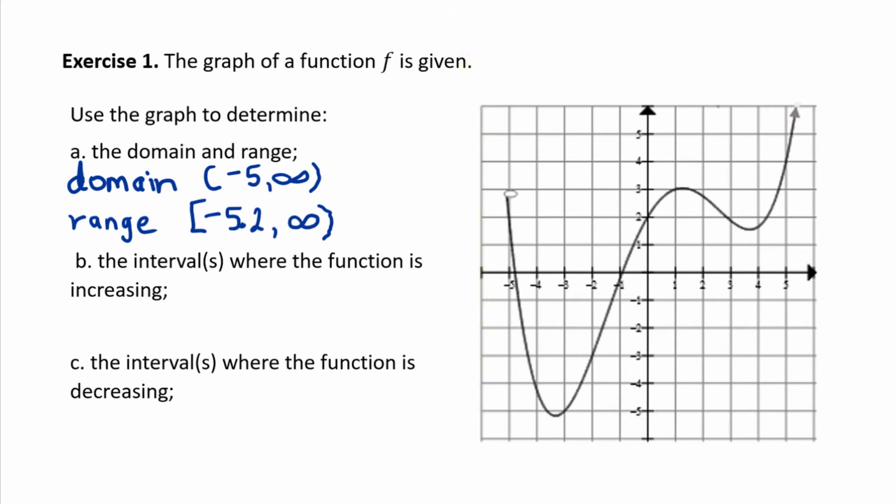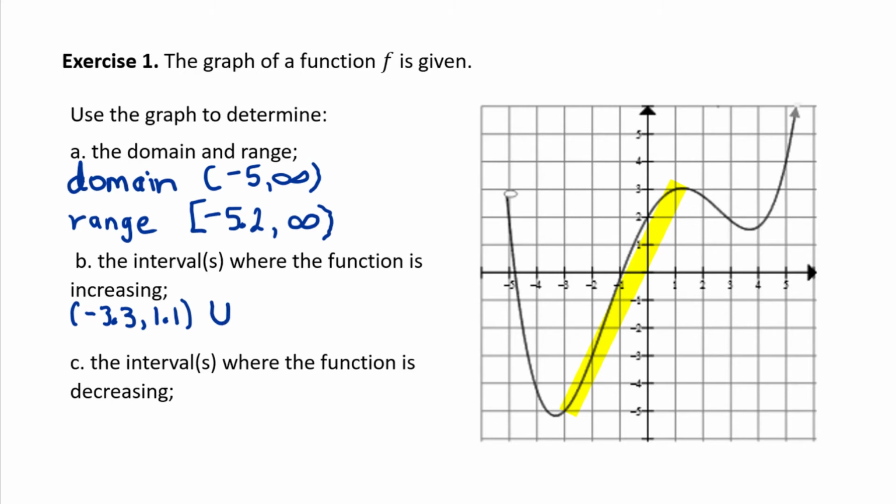Part B, the intervals where the function is increasing. The graph travels upwards as it traverses from x equals about -3.3 to x equals about 1.1. And we'll denote that with a union symbol.